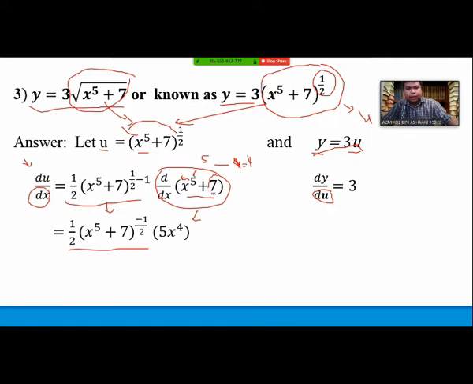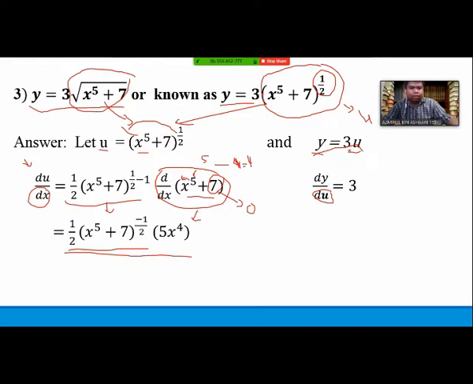For 7 is a constant, doesn't have an x, so it will become 0. Okay? The power of 5 moves to the front, 5 minus 1 becomes 4, and for 7, it will become 0. This is for du per dx.